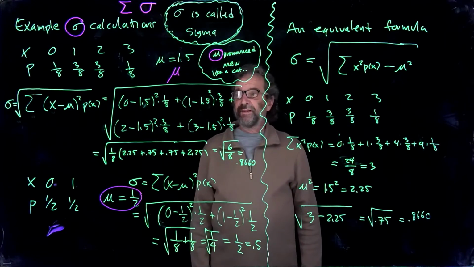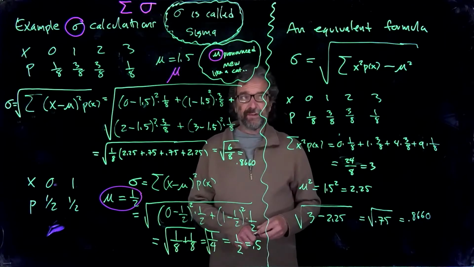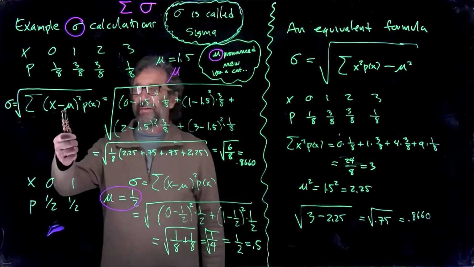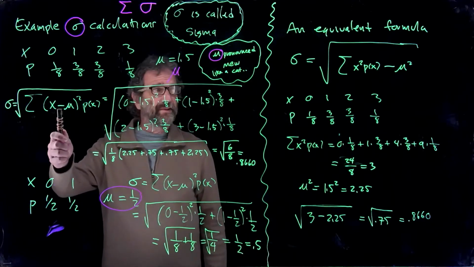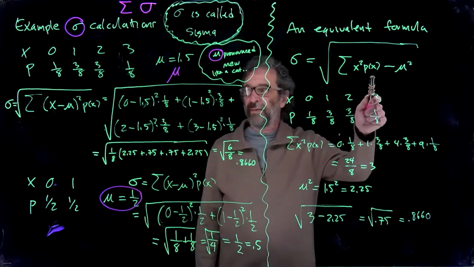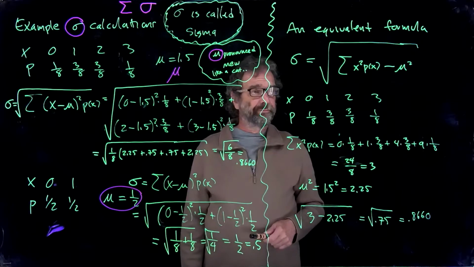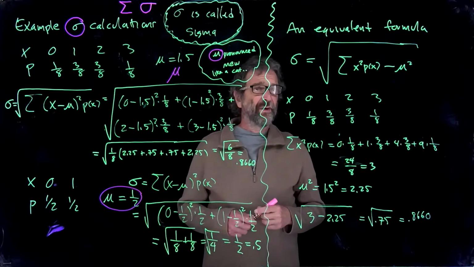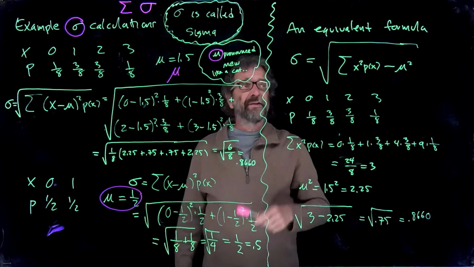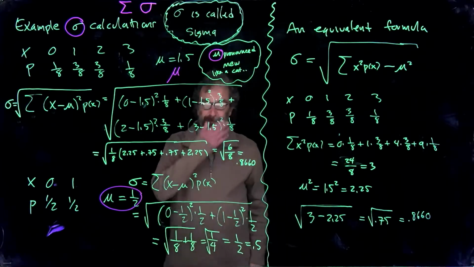And that, as you might think, or you might wish it hadn't happened, there's the formula that makes sense conceptually, and there's a formula that makes sense computationally, which might avoid some rounding. So here is the computational formula for the standard deviation of a discrete random variable.